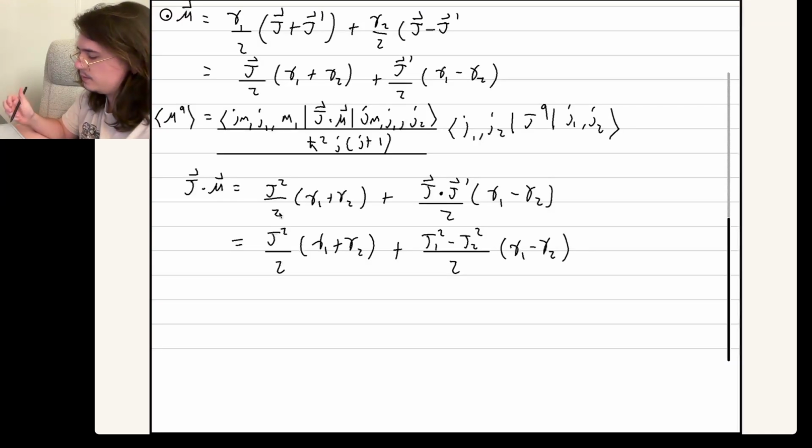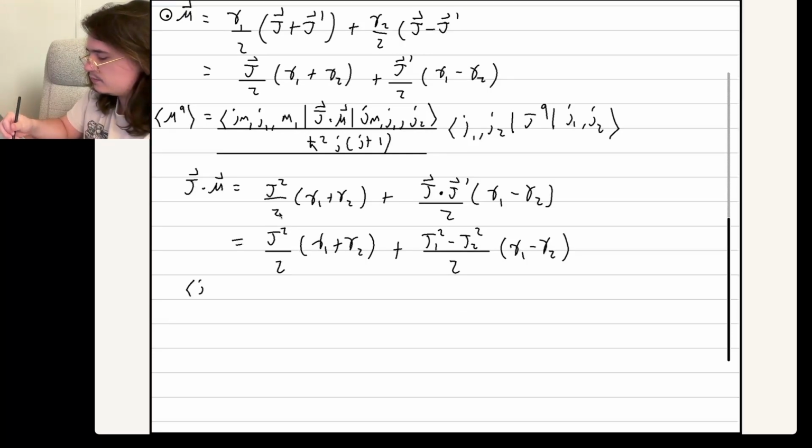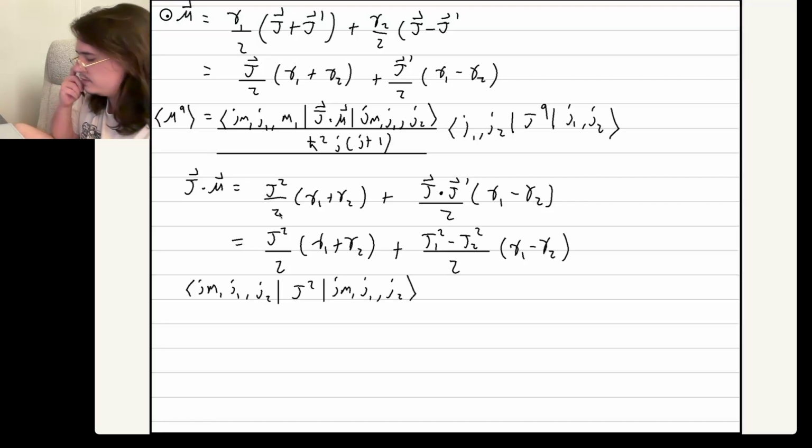So j squared has known eigenvalues, which will be h bar squared j times j plus 1.